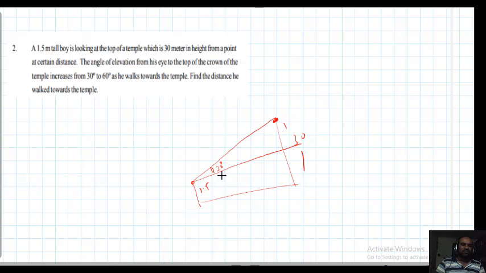After he walks a certain distance, for example d, the person's eye is here now. So the angle of elevation changes from 30 to 60 degree. Find the distance walked towards the temple. You need to find this distance. This is the problem.